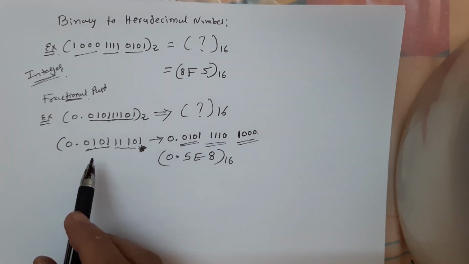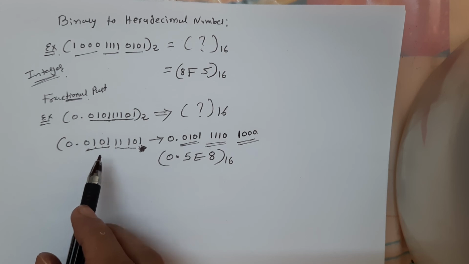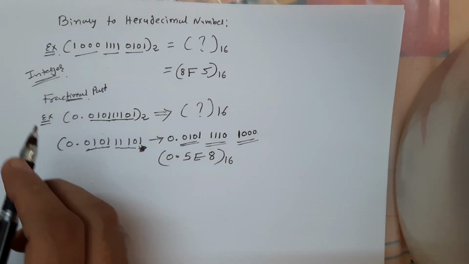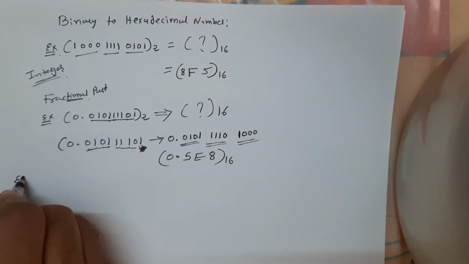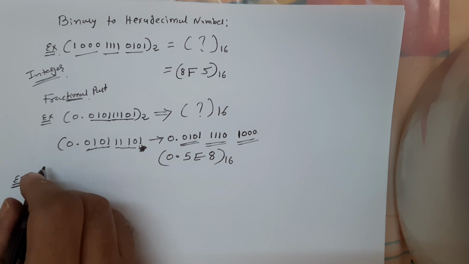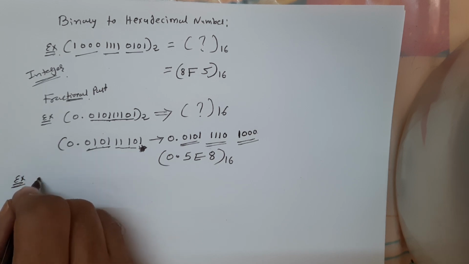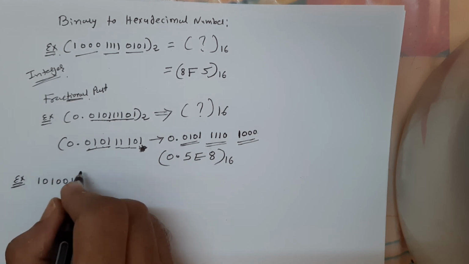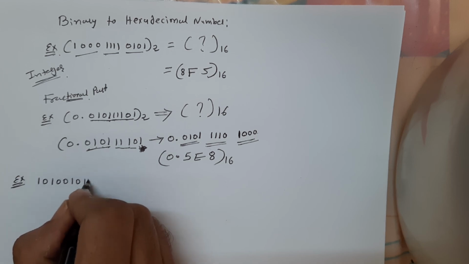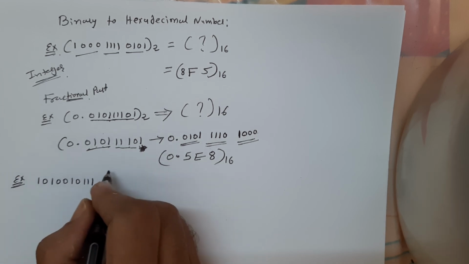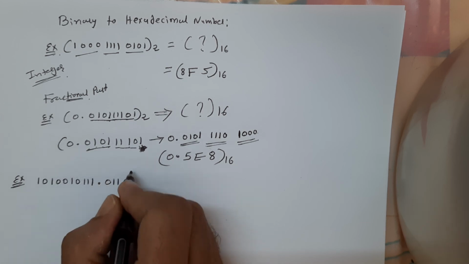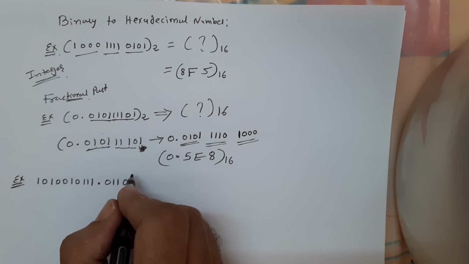Now we are mixing the integer and fractional part. For example, our next example is 101001011 1. 0110101.